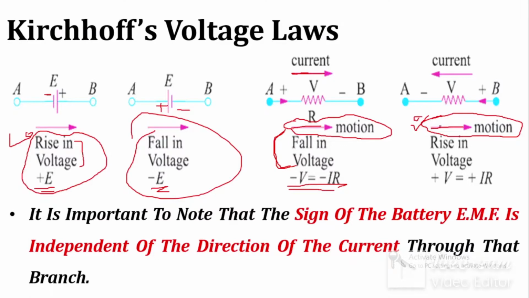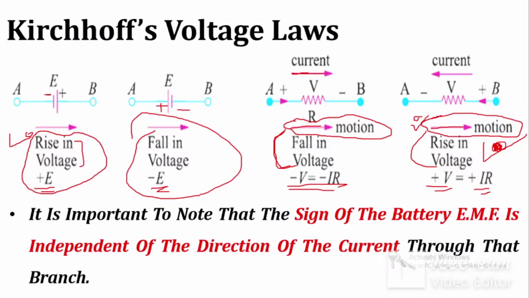Now this reference direction moves from minus to plus, so this is known as a rise in voltage, and it is taken as positive IR. So while writing the equation of Kirchhoff's voltage law, always take care with the reference direction, not the actual direction. You have to solve the numerical using the reference direction only.